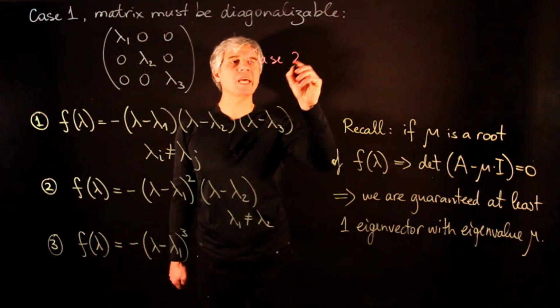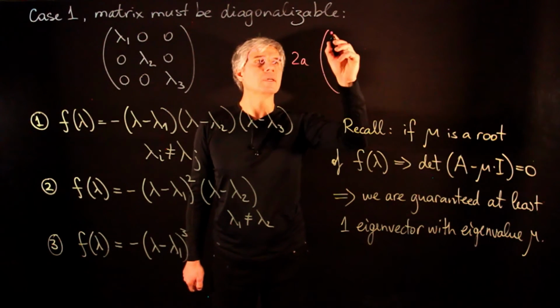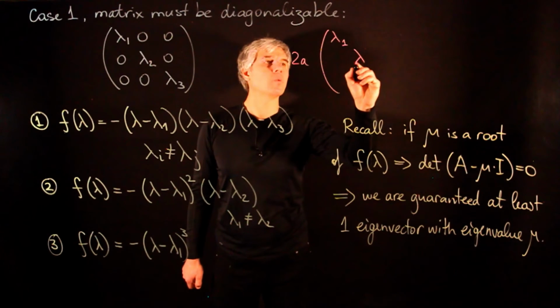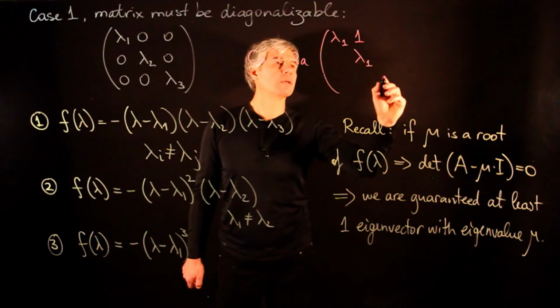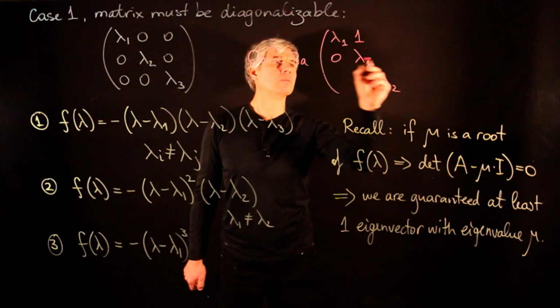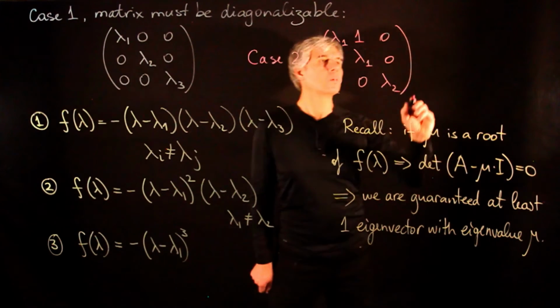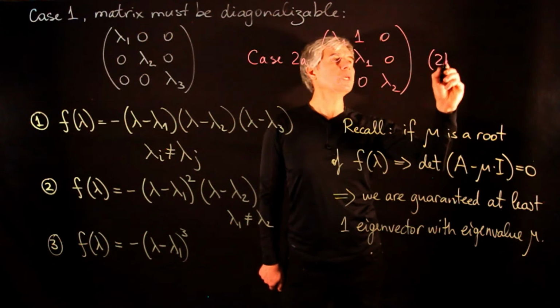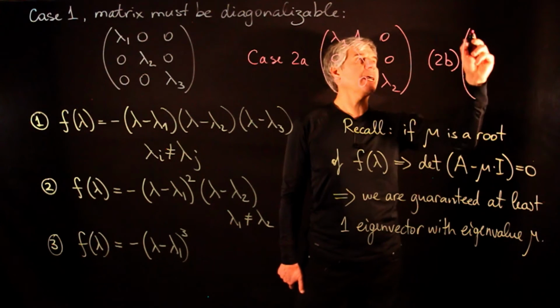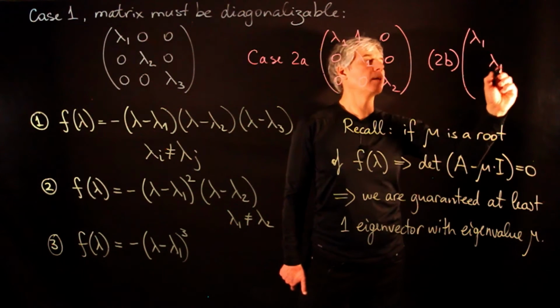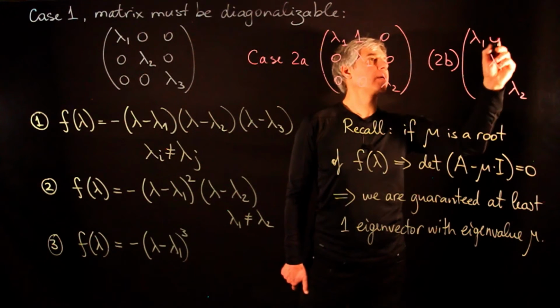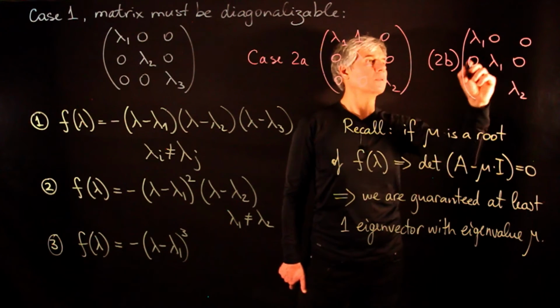So in case 2a, we have lambda 1, lambda 1, 1, lambda 2. Or we could have the case 2b, where we have a diagonal matrix, lambda 1, lambda 1, lambda 2, and zeros elsewhere.